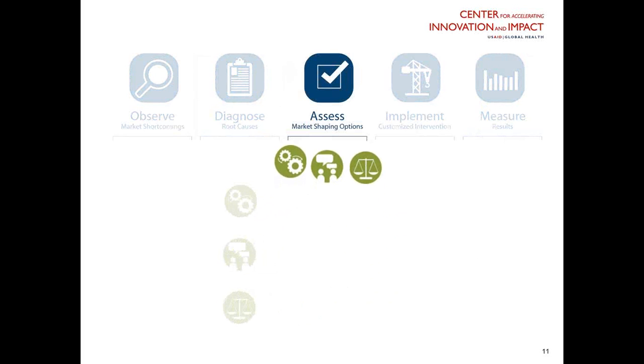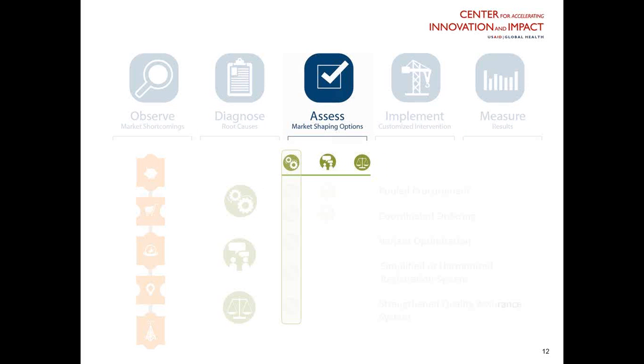So as we think about these 3 categories of potential root causes and what we can do to address them, that brings us to step 3, really assessing our market shaping options. That's symbolized here with these checklists to say, well, if we know the root cause or causes, because there could be multiple of them, which interventions are appropriately designed to match up and tackle that root cause.